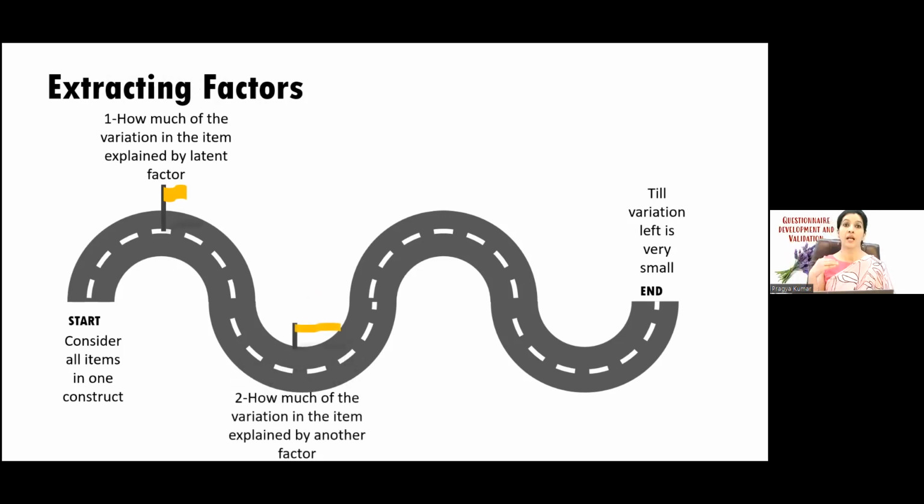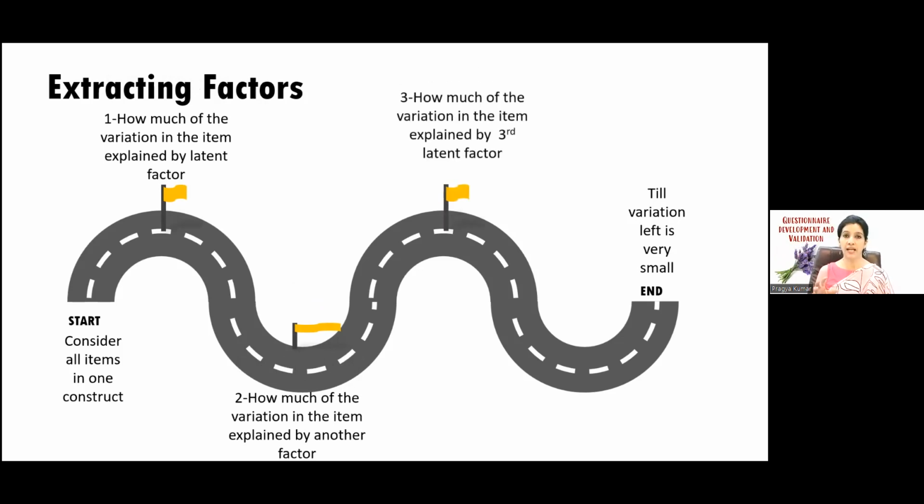We will see this with an example also. Like if there is a factor and the variation explained by the construct is 30%, then the remaining 70%, is it explained by some other factor?